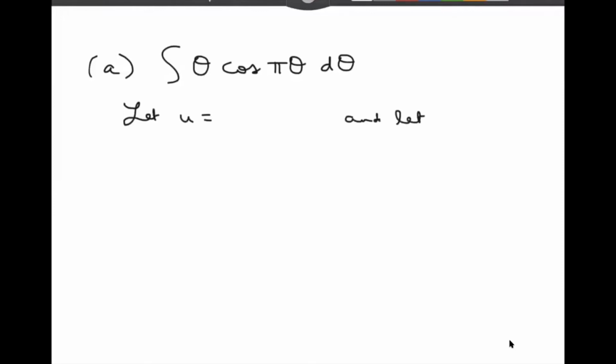I like to write the word let because it emphasizes that you get to choose this part. All right, so my choices are, I could make u equal theta, or I could make u equal cosine pi theta. I am going to go with the first option, and I'll tell you why.